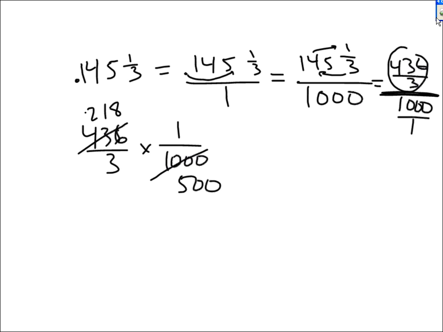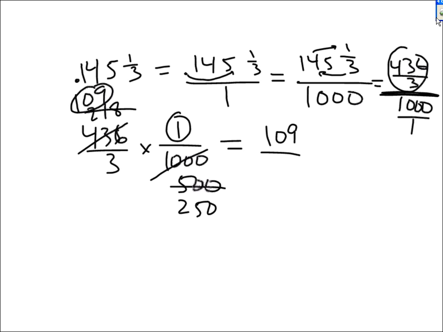And 2 goes into 218 109 times, and 2 goes in here 250 times. I don't see any more reducing. I could be wrong. 109 times 1 is 109. 3 times 250 is 750. It's like 3 times 25, 75. Don't forget the 0. 75 with a 0.